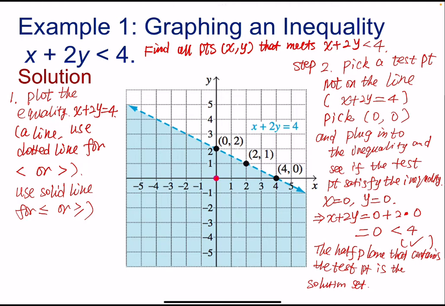Notice that because equality is not included, we do not include the line, which is the region shown in blue. So that's the solution.